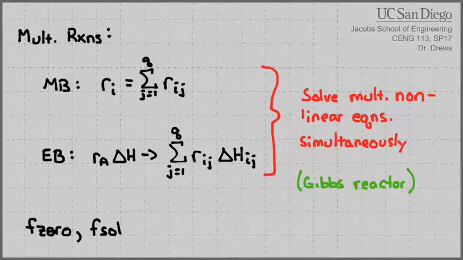There's another one called fsolve that can do it. Those are the only 2 I know of in MATLAB that'll solve these kinds of systems. fsolve will do it explicitly, right? You can just provide it the equations that you need, it will solve them all together. fzero is a little bit more roundabout. You kind of have to keep calling fzero a few times. So it's up to you.